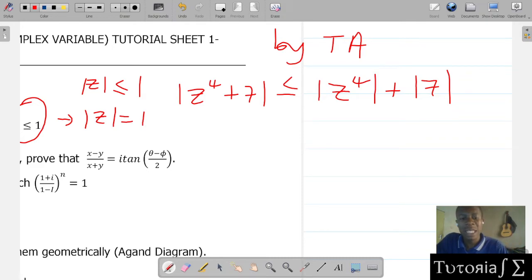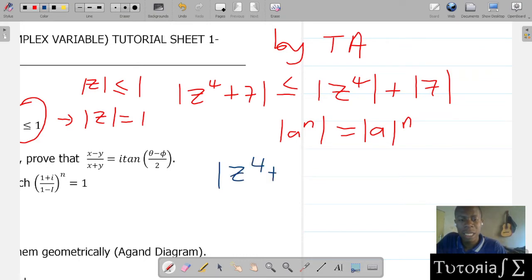And we know that when you have modulus of a to the power n, this is equal to modulus of a, then the n can go there outside. So you're going to say this will now be modulus of z to the power 4 plus z, sorry, is less than or equal to modulus of z to the power 4 outside there plus modulus of z.